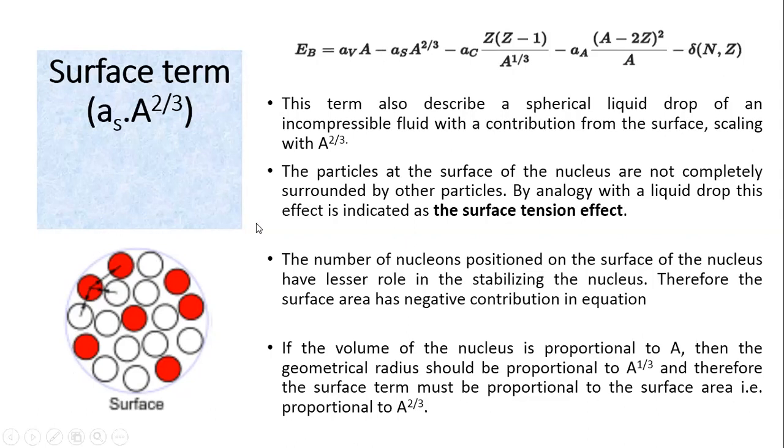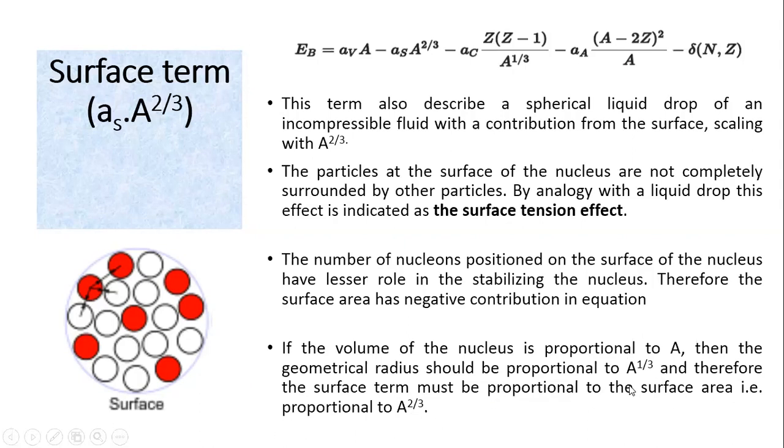So why is it equal to this formula, as we have discussed in the previous slide. The volume is proportional to A, and the geometric radius should be proportional to A to the power 1 by 3, and the surface area will be proportional to A to the power 2 by 3.